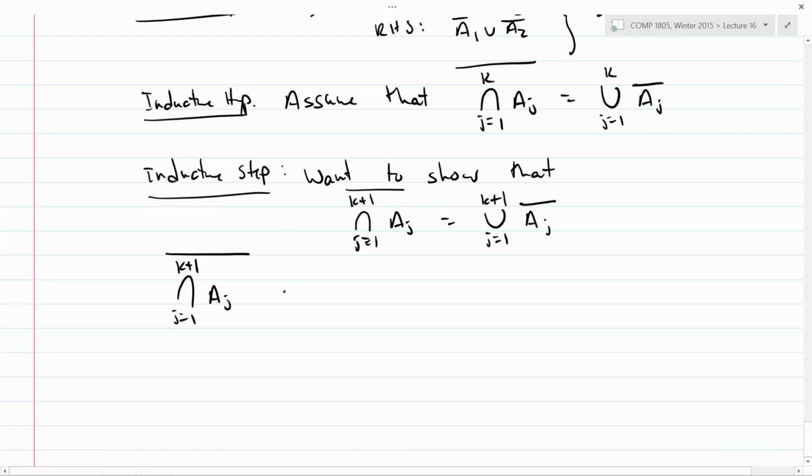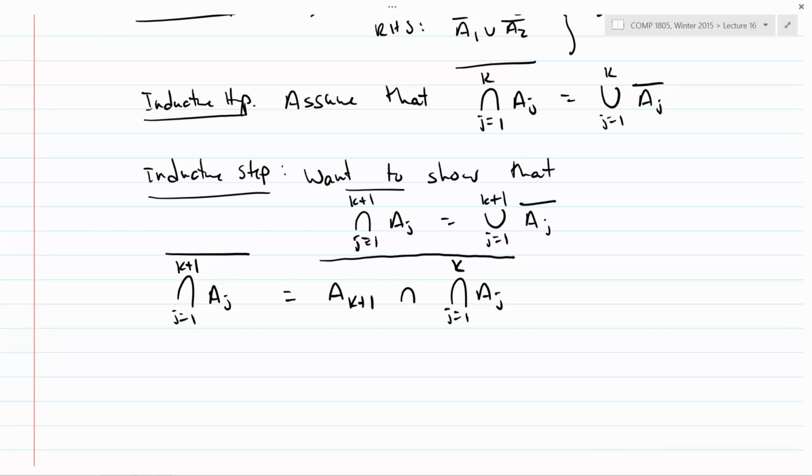Well, this is exactly the same as ak plus 1 intersect the intersection from j equals 1 to k of aj, with the complement over everything. All I'm doing is splitting apart that intersection in the exact same way that I would split up a summation. Does that make sense?